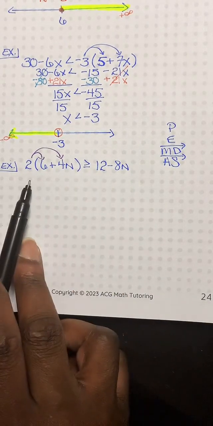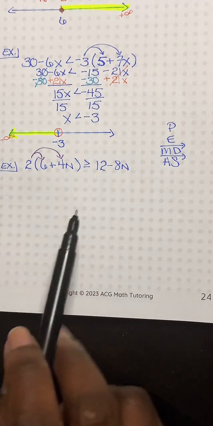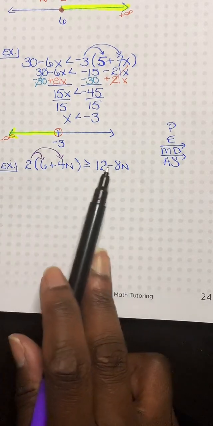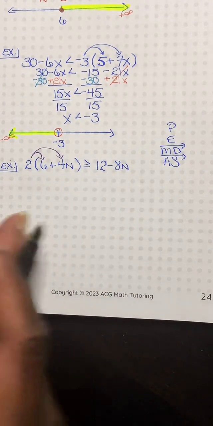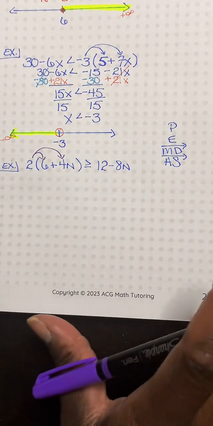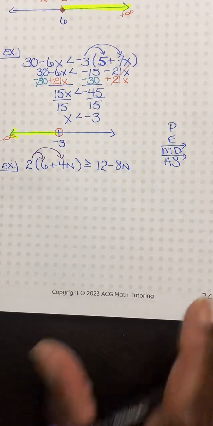Anytime we have the opportunity, we can distribute. Or if you want to divide both sides by 2, you could have done that as well. I will show both ways, and then you get to pick which way works for you.